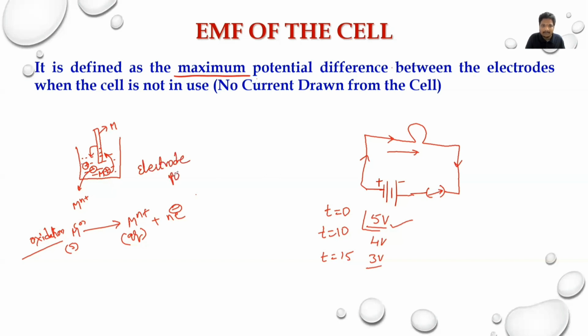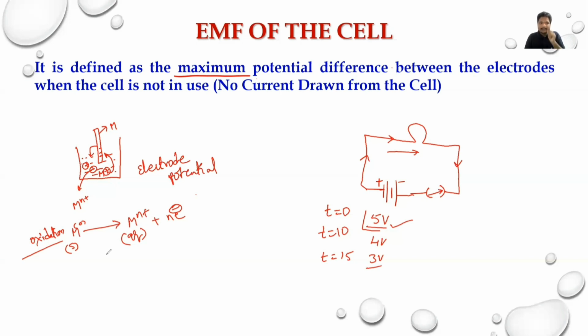Electrode potential. So the potential difference between the metal rod and the metal ion solution is what we call electrode potential. This potential is due to the charge separation between the metal rod and the electrolyte solution.